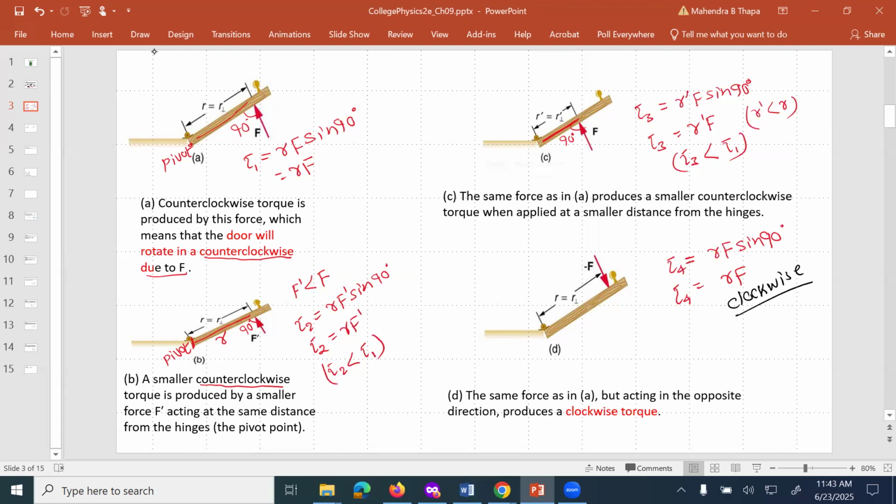So in general, in most situations, we write clockwise torque as negative and counterclockwise torque as positive. So we can write tau 4 is equal to negative R times F. Okay.